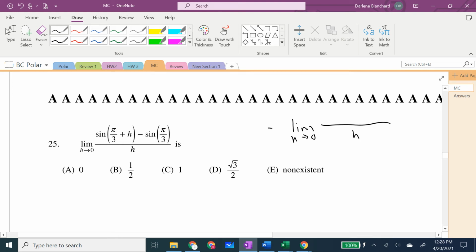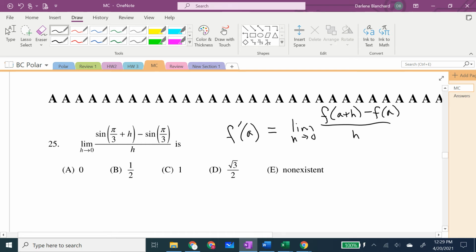And then if this is the answer to f prime of a, then this numerator is f of a plus h minus f of a. When you go into the AP test, you better know that formula. You should know it, live it, learn it, love it, understand the picture that comes with it and everything. Go back and study that.